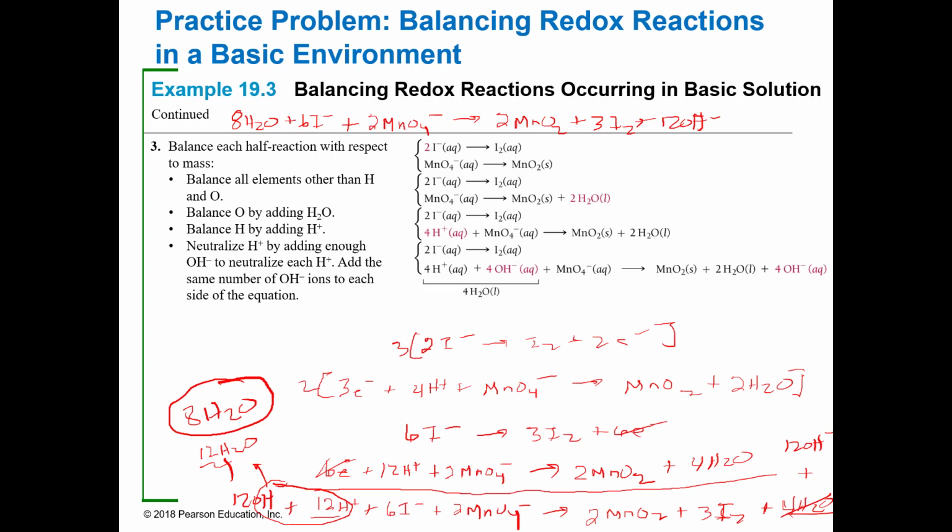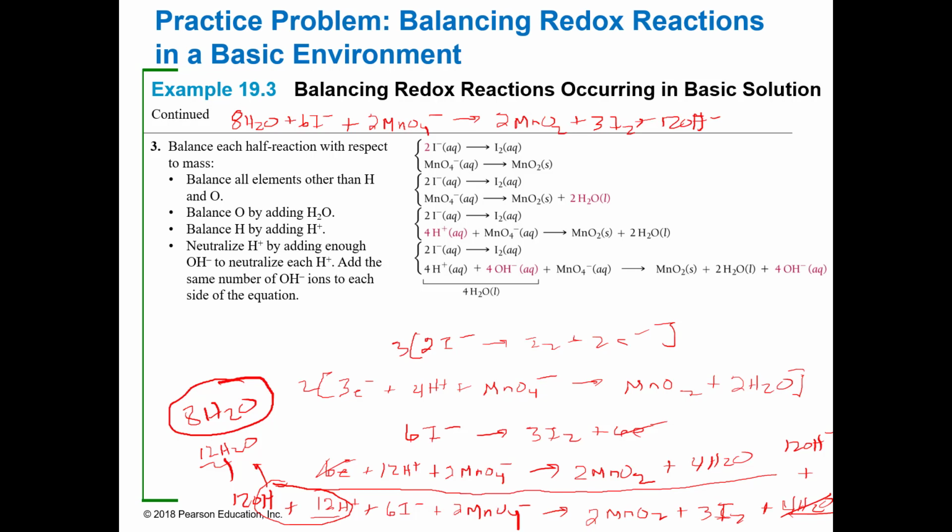And actually, let's see. I don't think something's right here. I added 12 hydroxides to both sides.